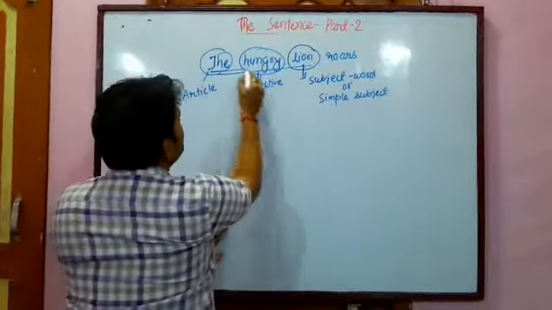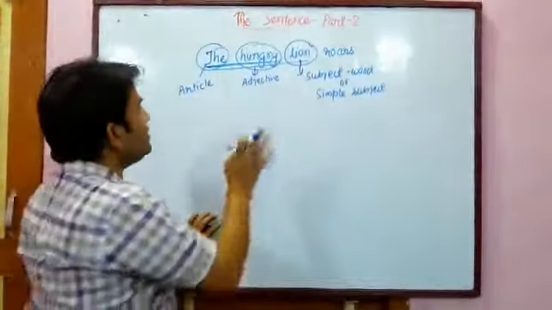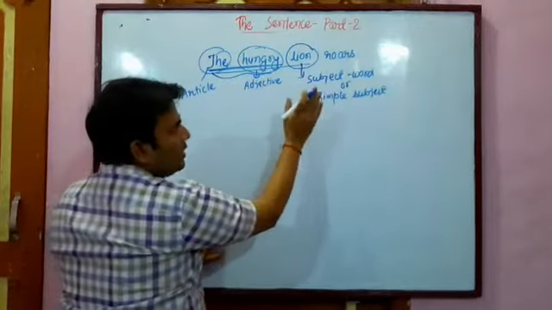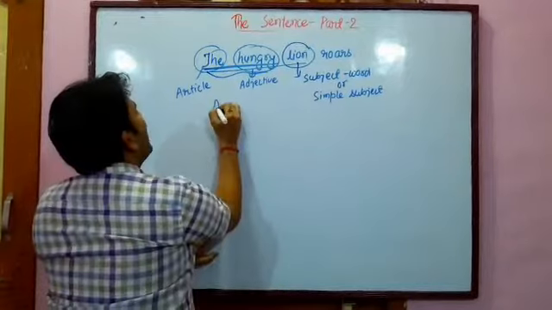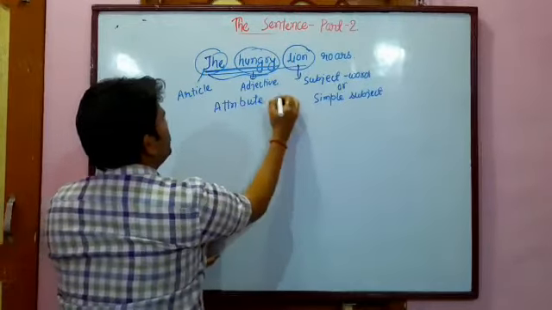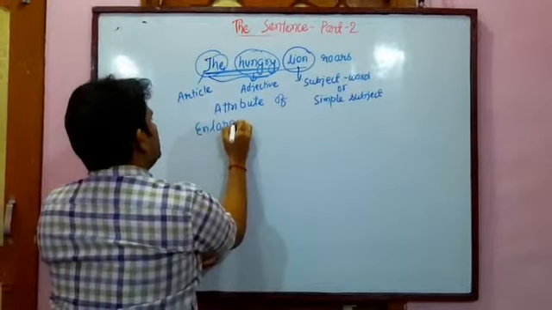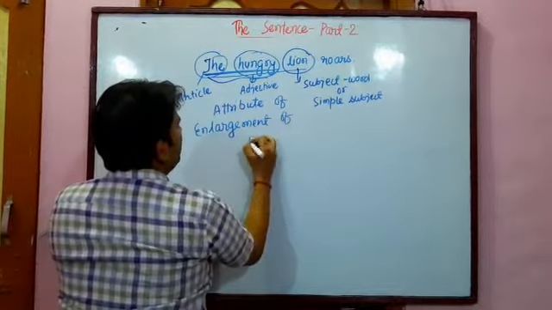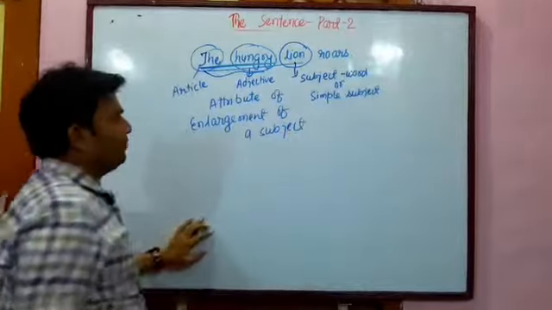Now these two words, the rest of the words excluding the subject word, are called attribute, or enlargement of a subject.